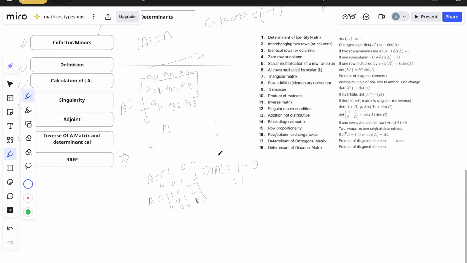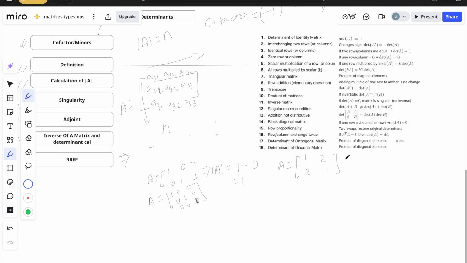The next important property that we can observe is that interchanging two rows or columns changes the sign of the determinant. So let's take one example for that. We have a matrix, let's say for example A is equal to 1 2 2 1, right?